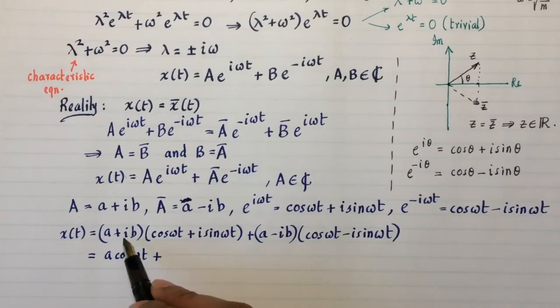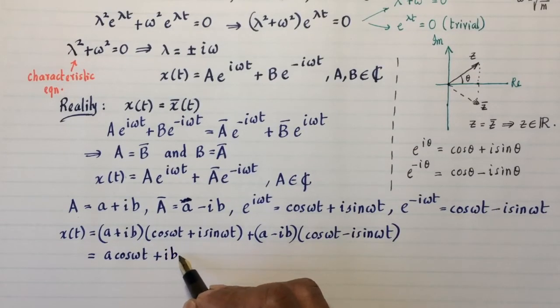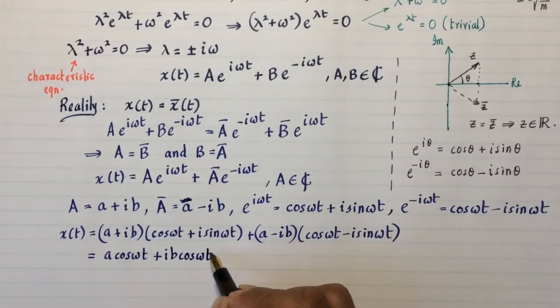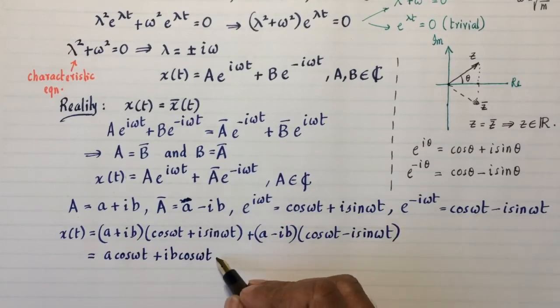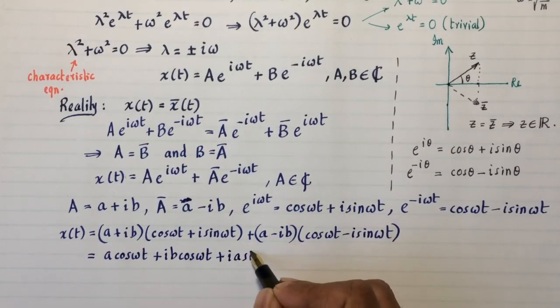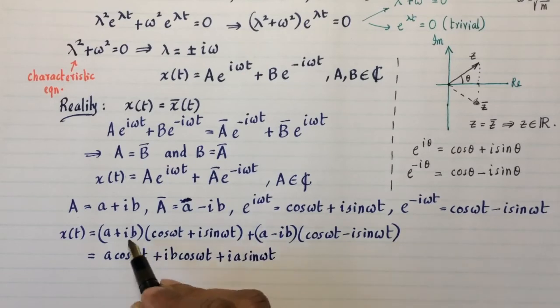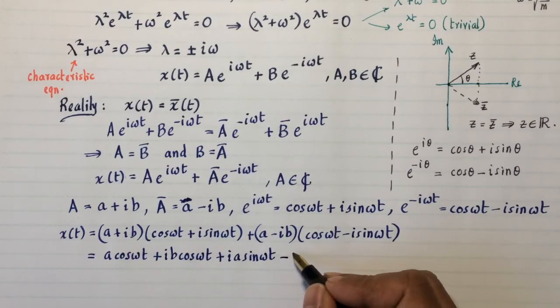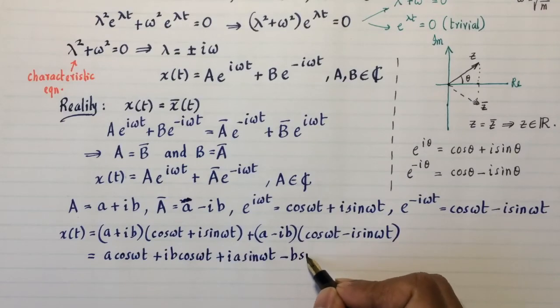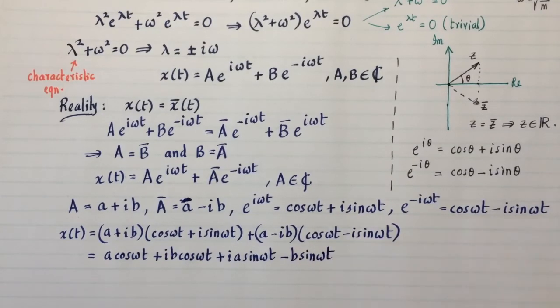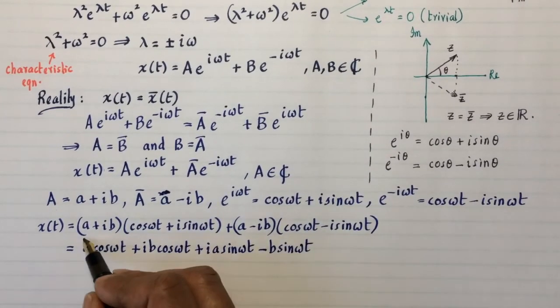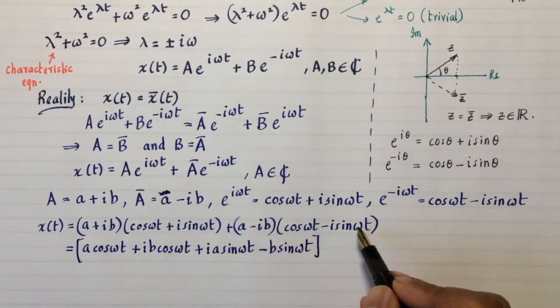A cosine omega t, and then I get plus iB cosine omega t, and then I have to do this and this. So I get plus iA sine omega t, and the two i's combine to get minus 1. So I get minus B sine omega t. And now I have terms from this expression.